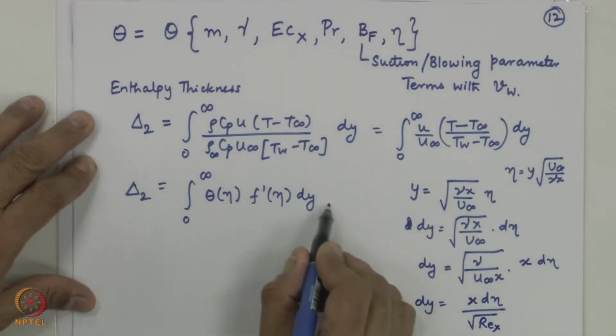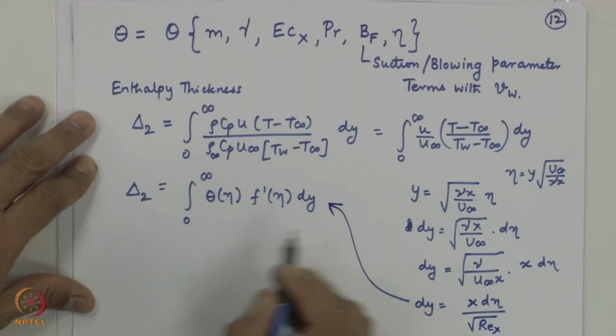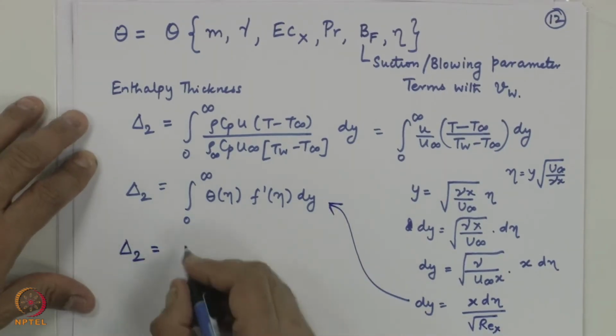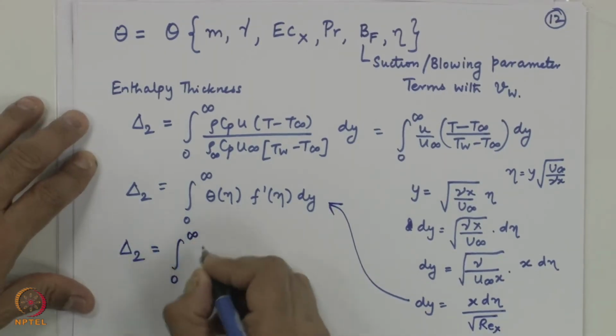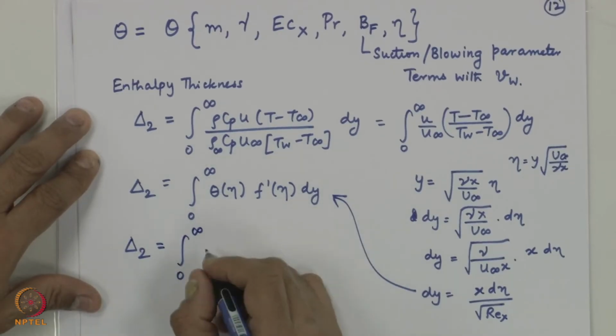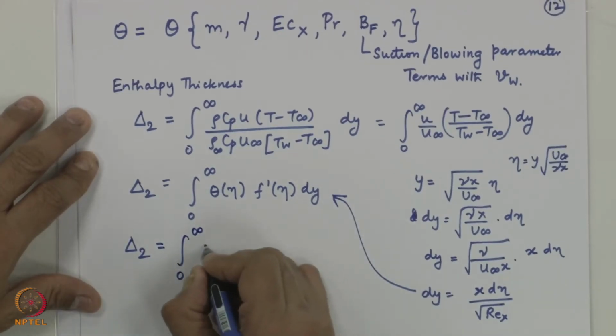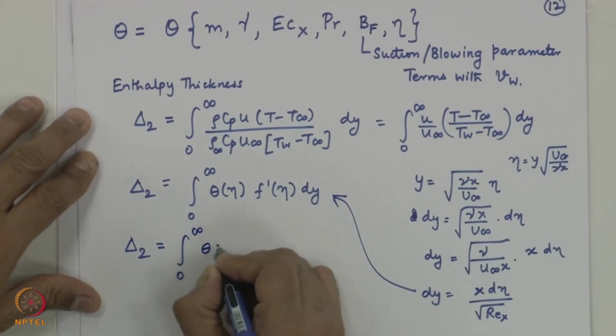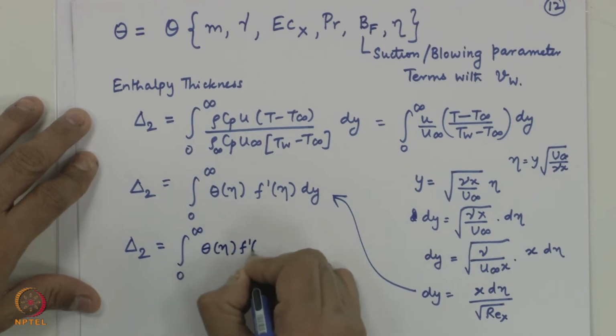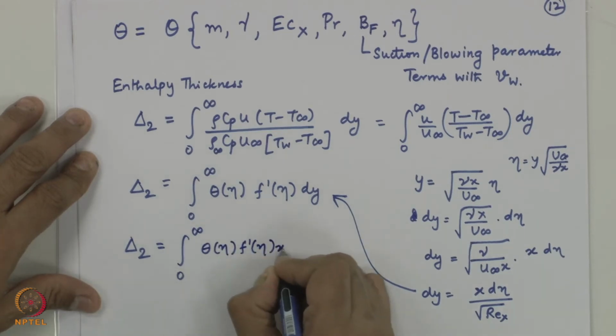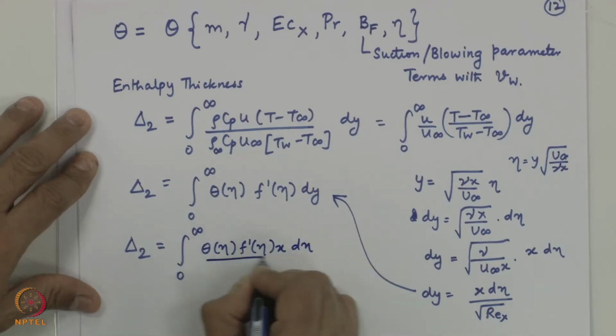Therefore, this will be substituted here. I would get delta 2, or enthalpy thickness, is the integral from 0 to infinity of theta of eta f prime of eta x d eta by square root of the local Reynolds number.